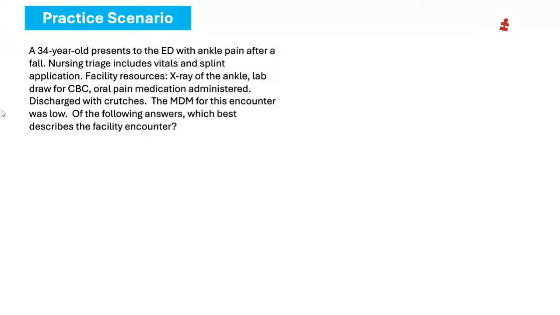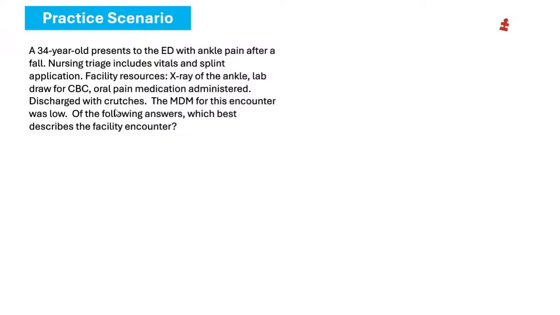All right, so we have a 34-year-old who presents to the ED with ankle pain after a fall. Nursing triage includes vitals and splint application. Facility resources: x-ray of the ankle, lab draw for CBC, oral pain medicine administered.